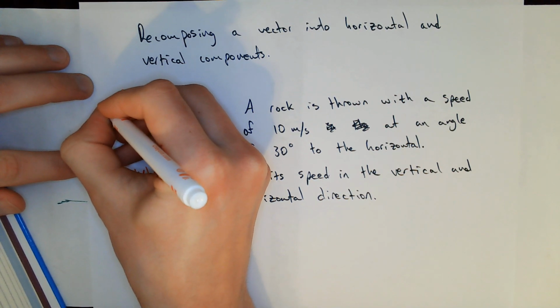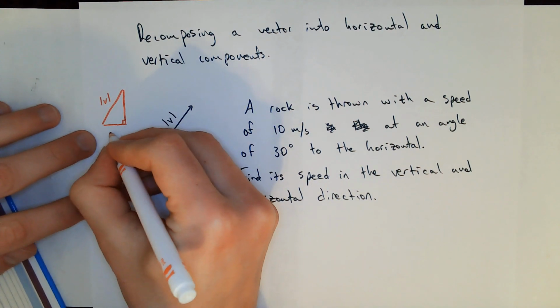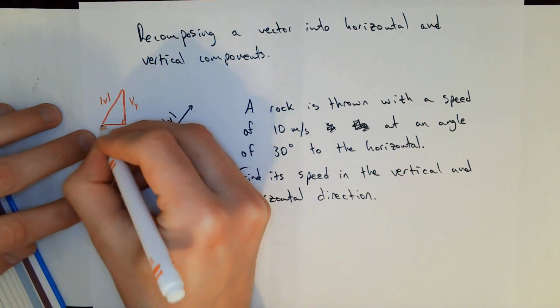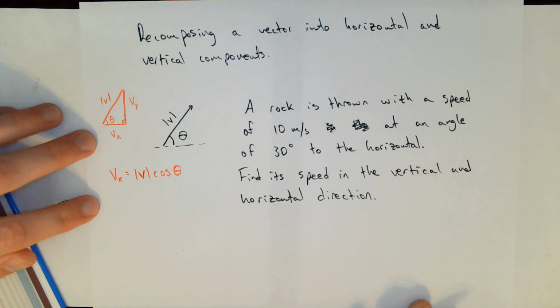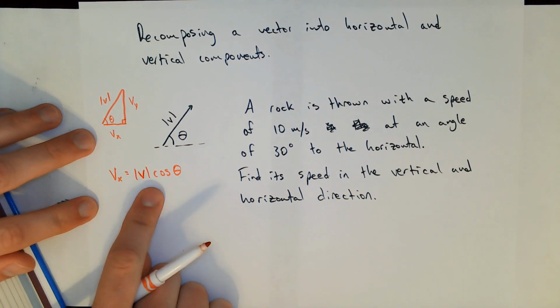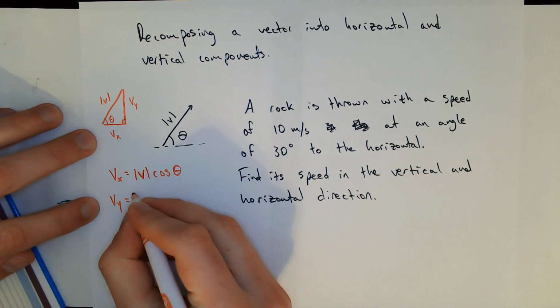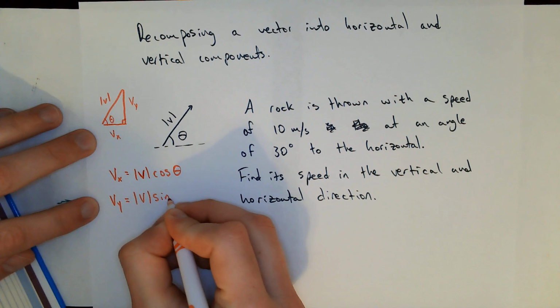So like if this is the magnitude of v there, that's like the hypotenuse, and then this is vx, and this will be vy, and then there's theta. So this should seem familiar just with different letters. And then v sub y will be the magnitude of v times sine of theta.